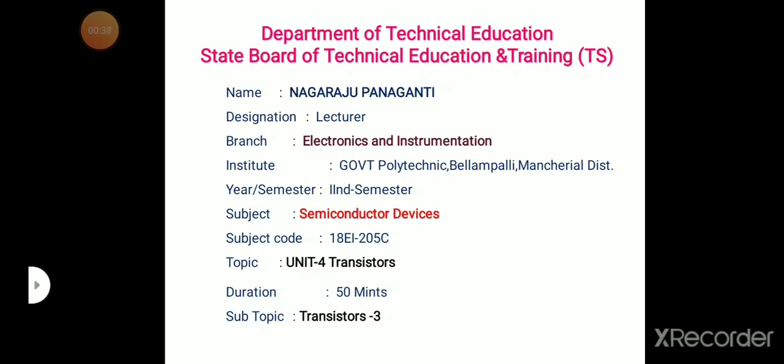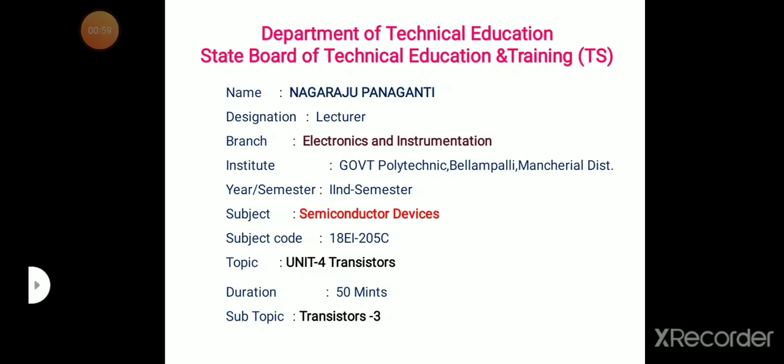Generally the transistor can be configured in three ways: common base, common collector, common emitter. We discussed the characteristics of each configuration. First we discussed the common base characteristics.